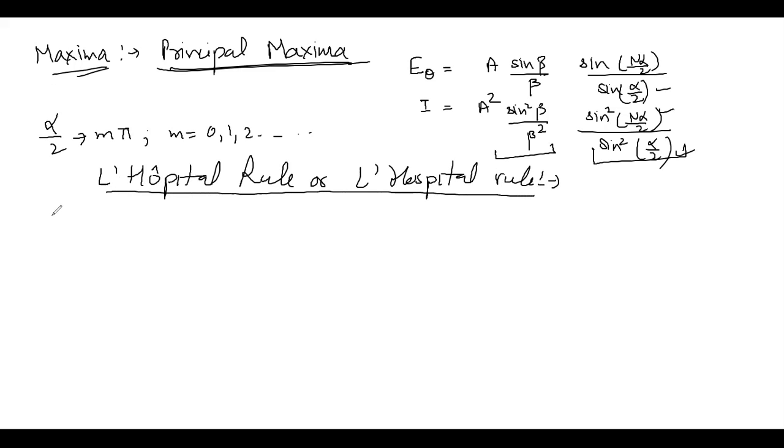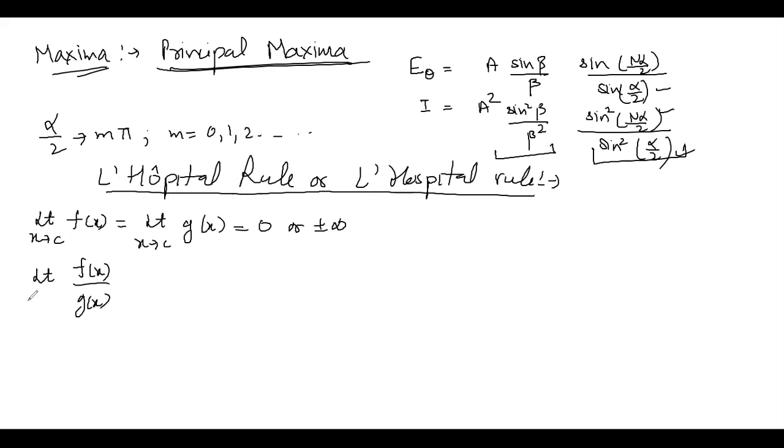This basically states that when you have a scenario that your limit x tends to c, f(x) and limit x tends to c, g(x) is either 0 or plus minus infinity, in that case, if you have something of this form, you can put it equal to the ratio of the derivatives.